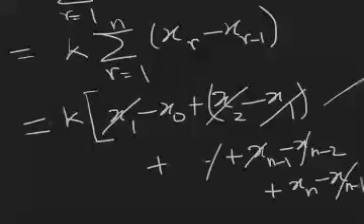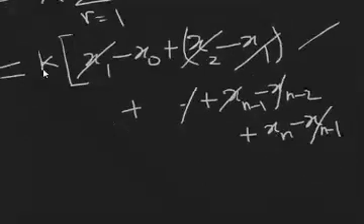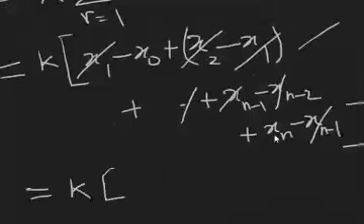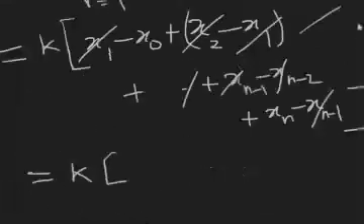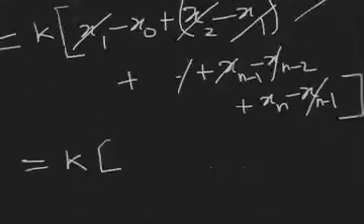So you end up with k inside the square bracket having x sub n, which is the same as the endpoint. What is x sub n here? It is b. X sub n is b. Then negative x sub 0.